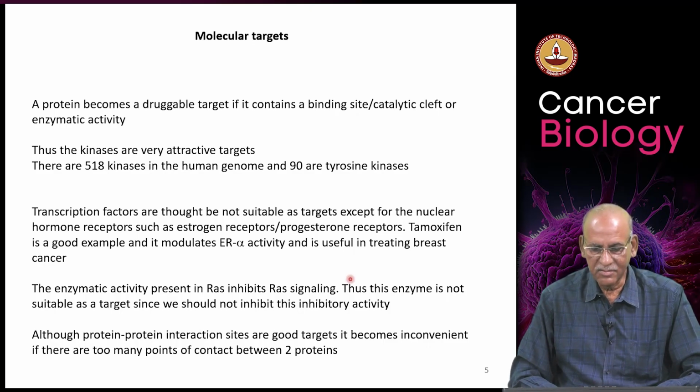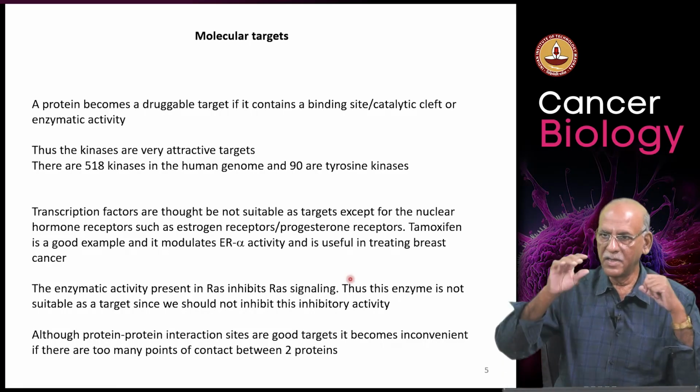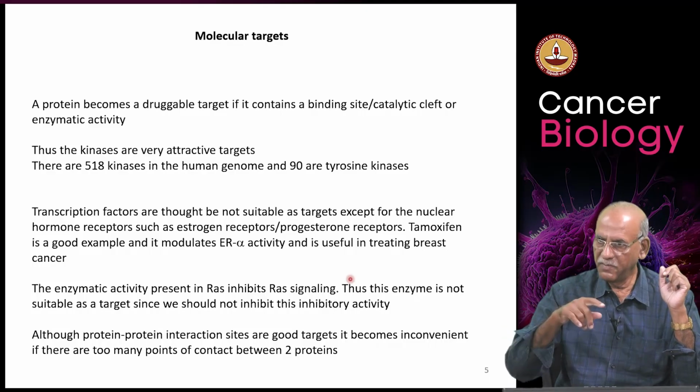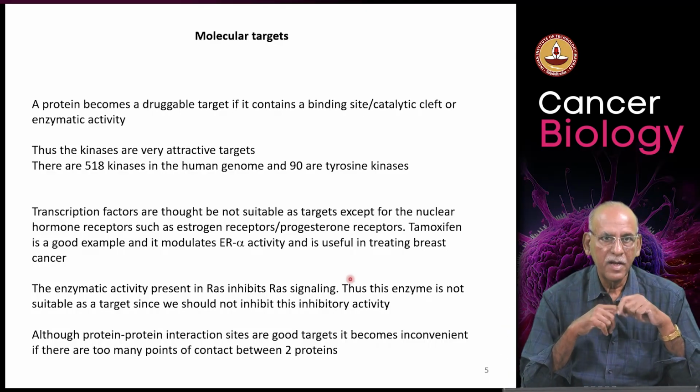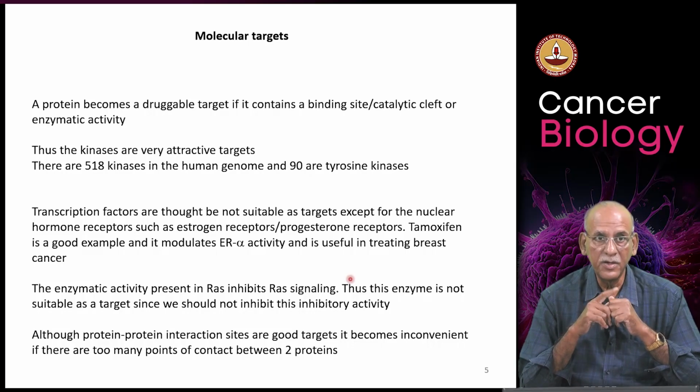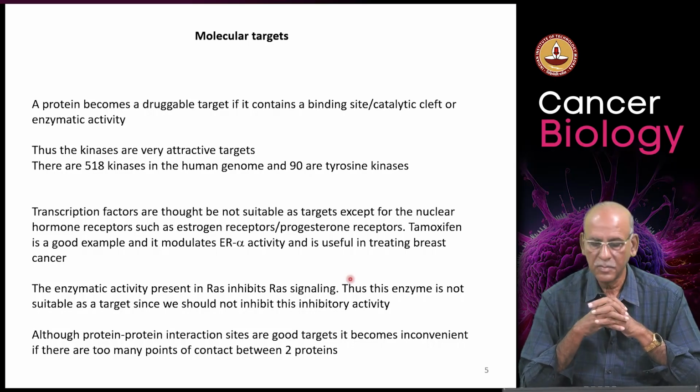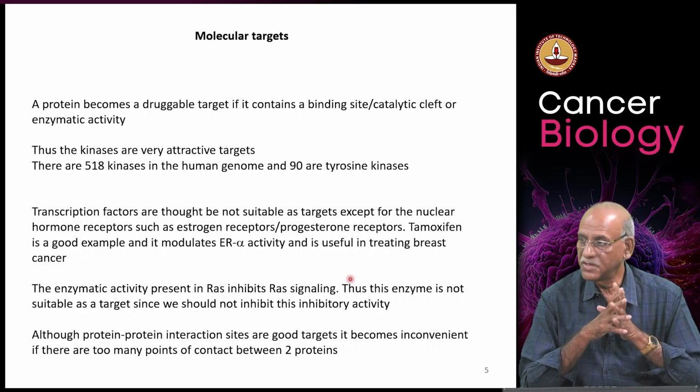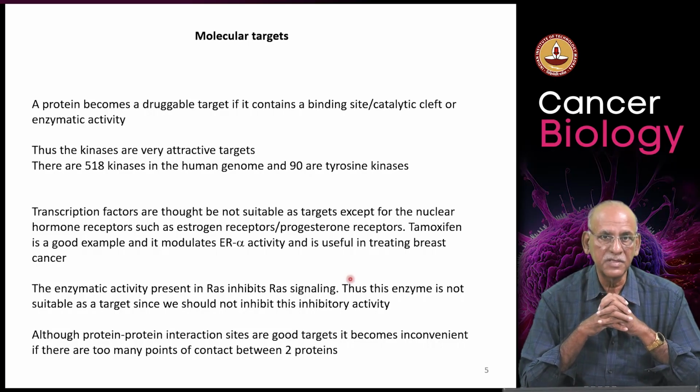Transcription factors are thought to be not that suitable as targets, except for hormone receptors, which are nuclear receptors, because receptors can be on the membrane, and some can even be inside the cell. One such example is the nuclear hormone receptors, such as estrogen receptor or progesterone receptor.